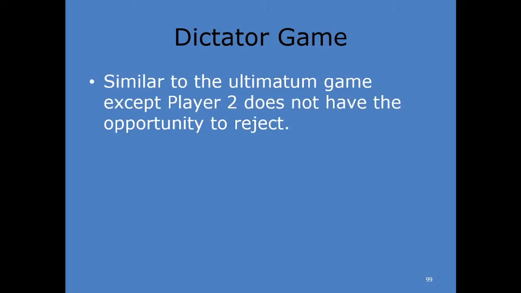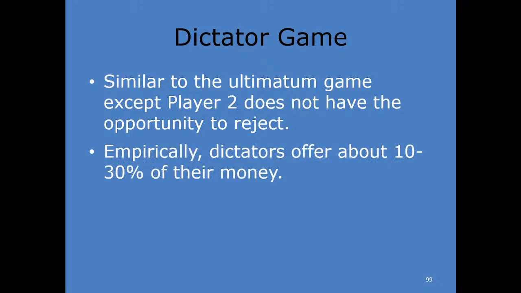Because this player 2 is completely unable to either accept or reject, and has to accept. So it's an ultimatum game where player 2 does not have the rejection opportunity. Here we find that offers are a bit lower. Remember before it was 30 to 50%. Now they're about 10 to 30%, but that's still sizable, definitely strictly greater than 0.